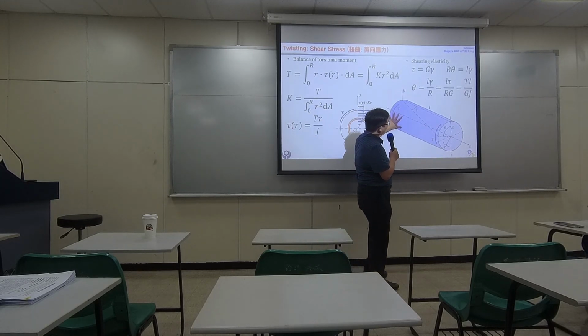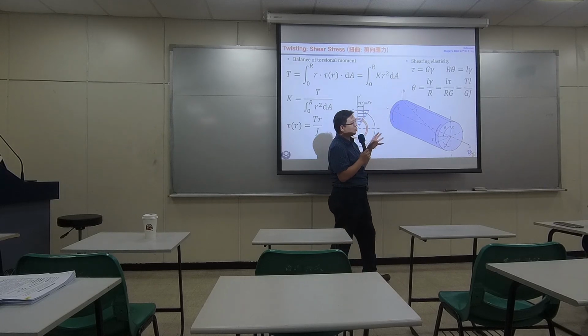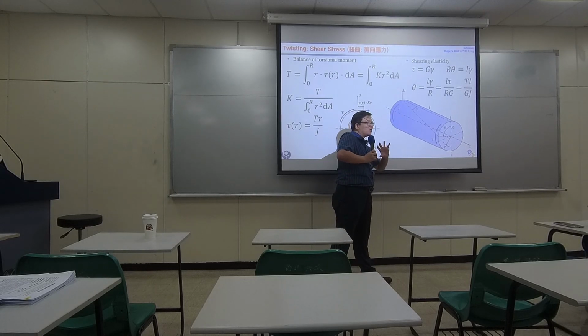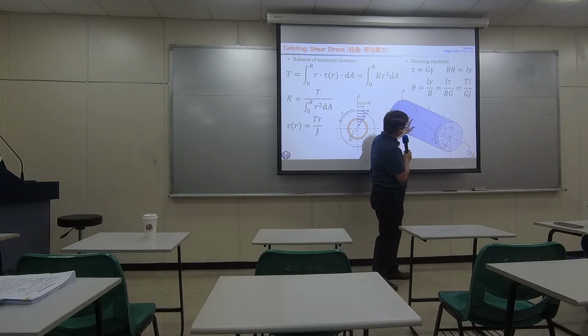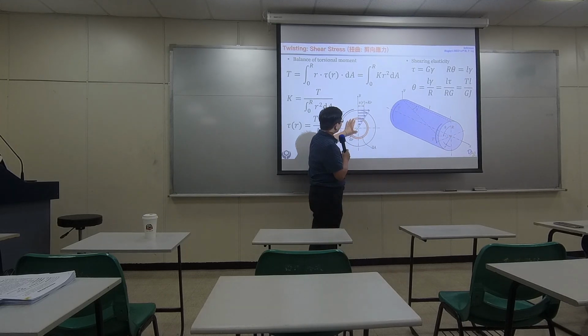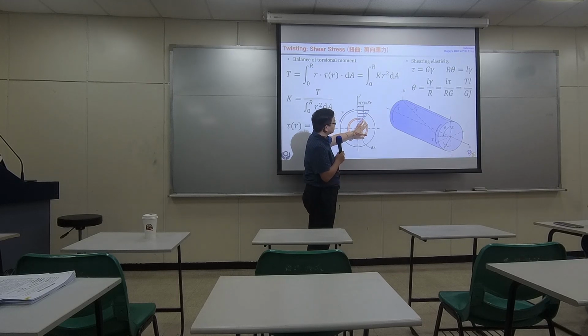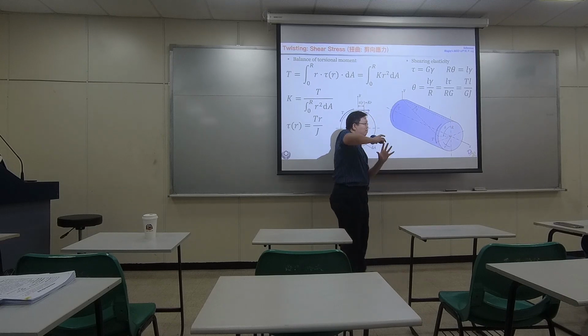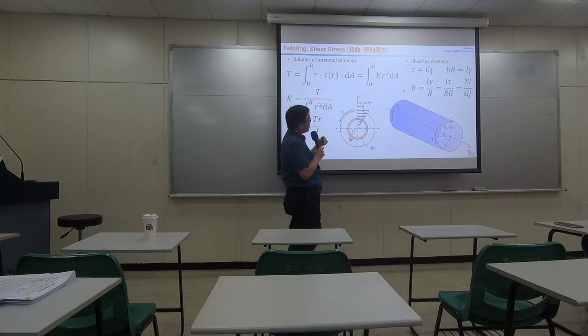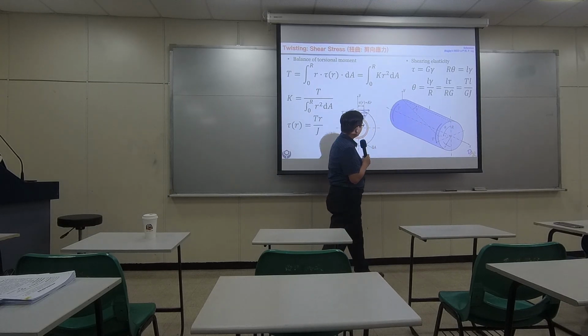And the other side of the material is fighting against your twisting. It's twisting toward the opposite direction. So the material from the back is fighting against this twisting, so it's going clockwise. Whatever I'm drawing right here is the other half of the material trying to make some kind of twist inside the material.